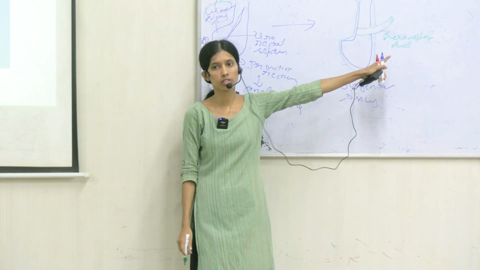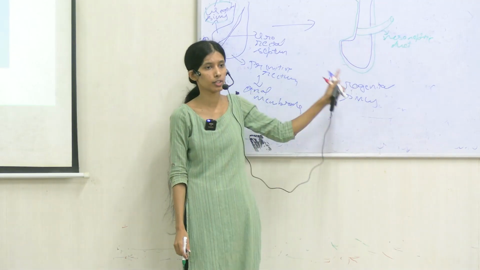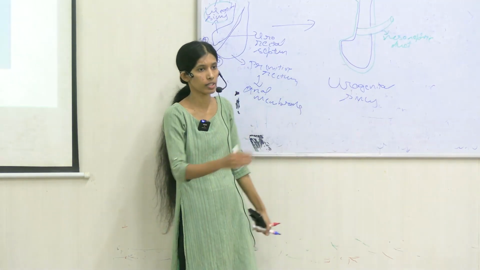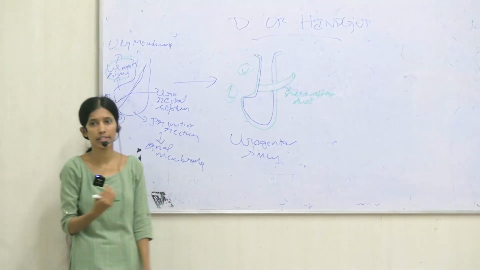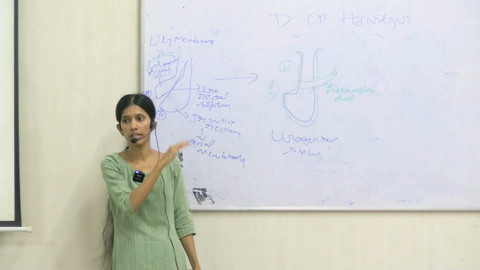So based on the presence of the mesonephric duct, we are dividing the urogenital sinus into two parts. Here we have upper part and lower part. This is not anterior or posterior, this is upper and lower.